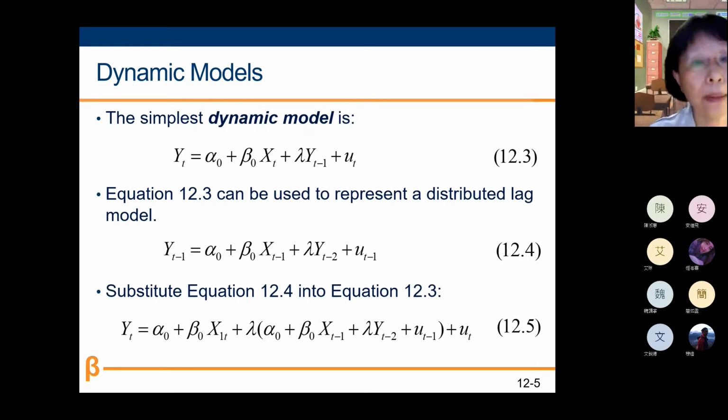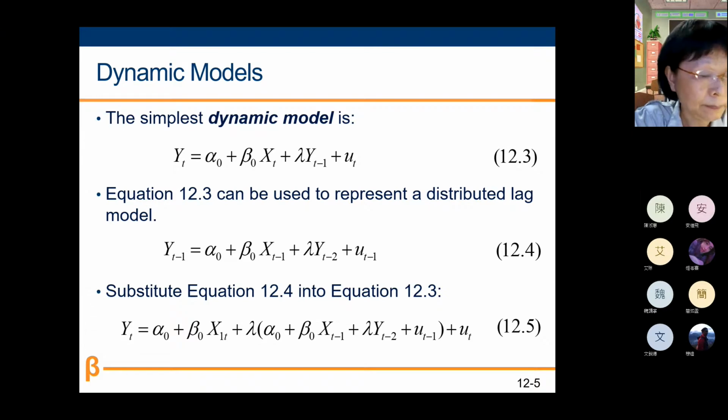Now I'm going to introduce something more complicated, and I want to express how the dynamic model can be represented as a distributed lag model.